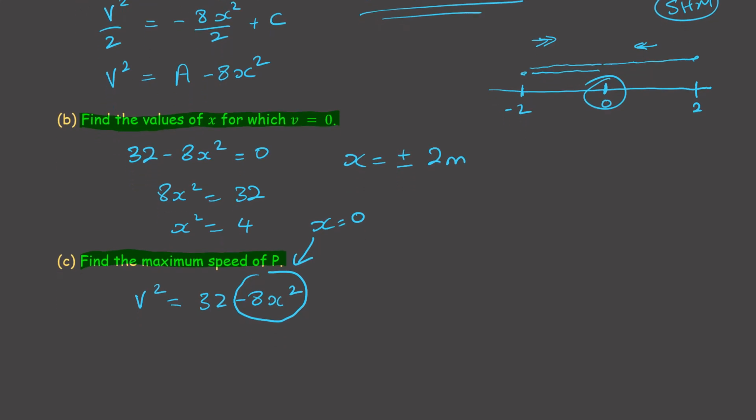So we have that v squared is equal to 32. Therefore, v would be the square root of 32, which is root 16 root 2. So it's going to be 4 root 2 meters per second.